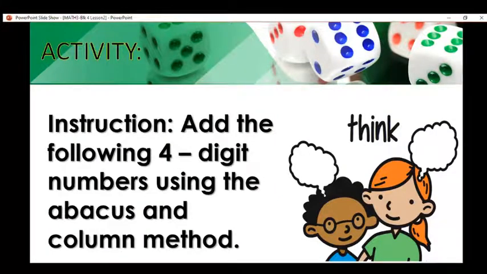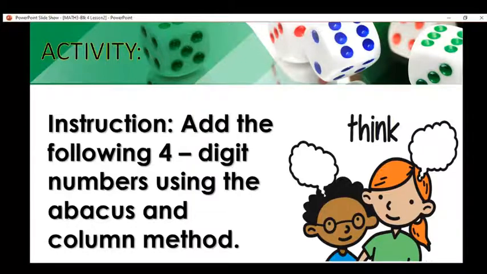So do not forget your activity. The instruction is: add the following 4-digit numbers using the abacus and column method. We all know that 4-digit numbers have the thousands, hundreds, tens, and ones.